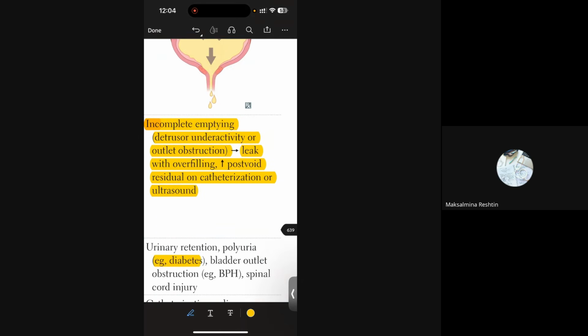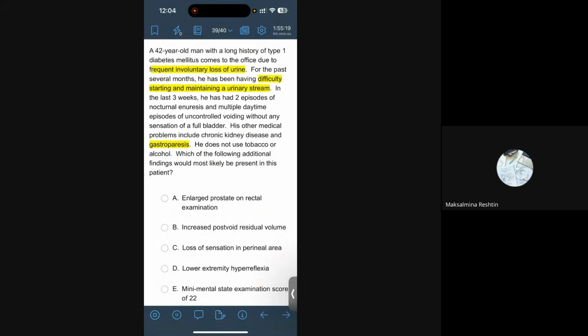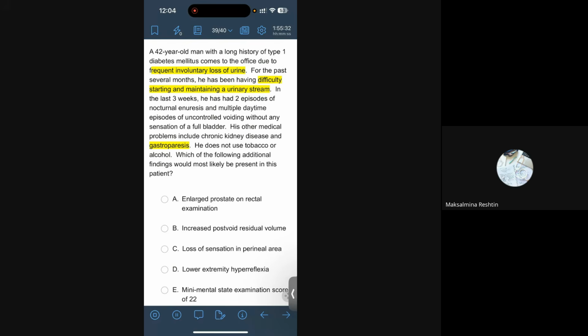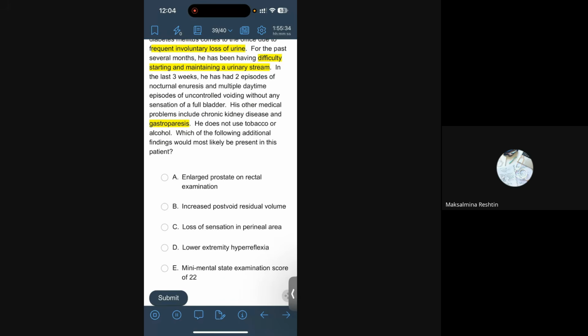Now you have to tell me which option is consistent with overflow incontinence. In a 42-year-old man, are you going to see an enlarged prostate? Can option A be the right answer in a 42-year-old man? No, never.